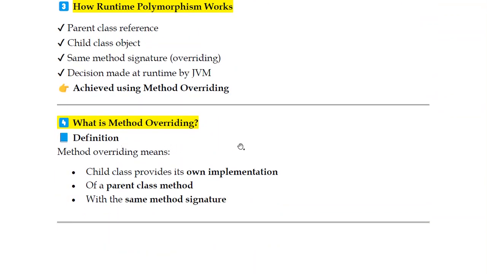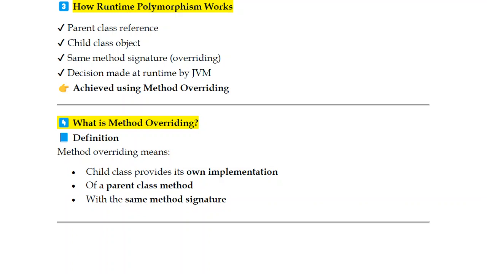Overriding means that something is already present and we are going to override it. The child class provides its own implementation. The parent class already has some method definition, and the child class overrides it, providing its own implementation code. I'm dividing this into three points. The child class provides its own implementation for the parent class method, with the same method signature.